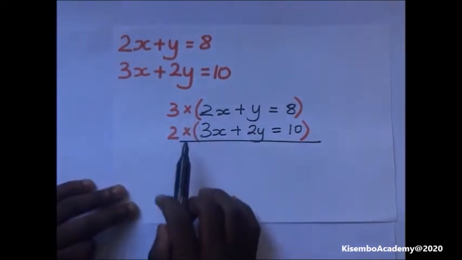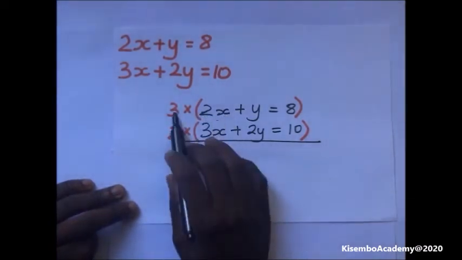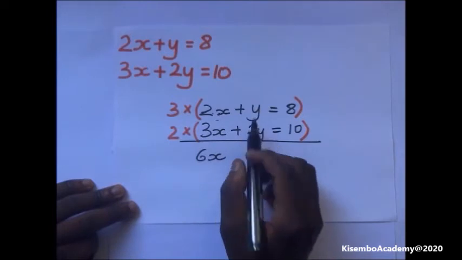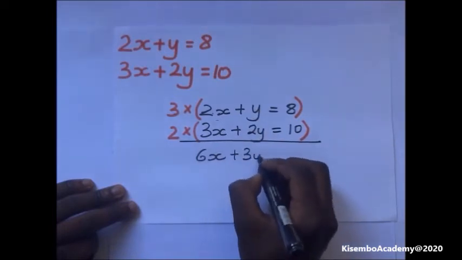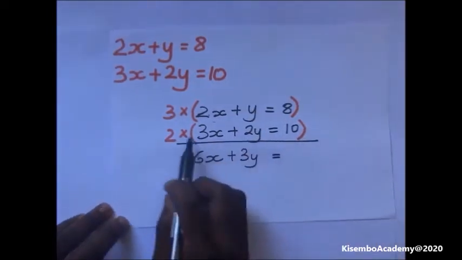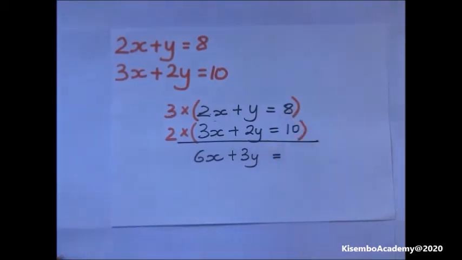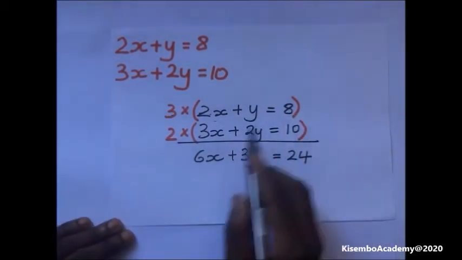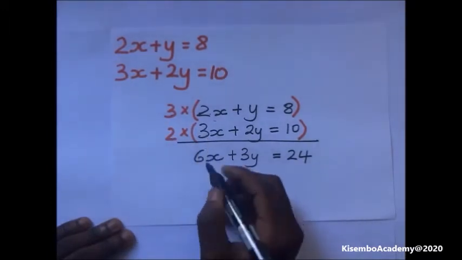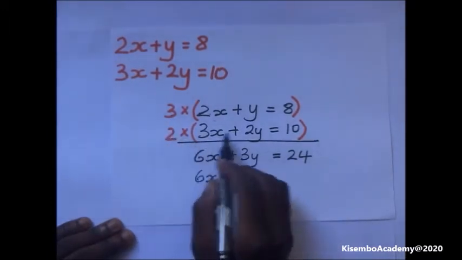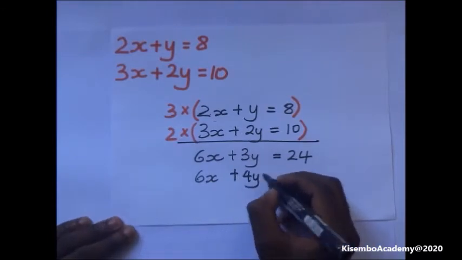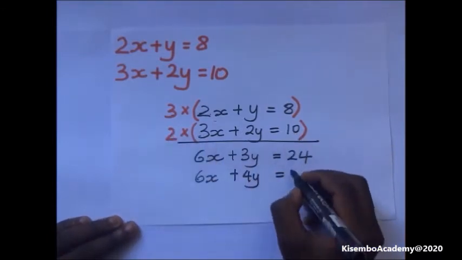So 3 times 2x, 3 times 2 is 6x, 3 times y is plus 3y, equal to 3 times 8, which is 24. Then down here, 2 times 3 is 6x, 2 times 2y is positive 4y, equal to 2 times 10, which is 20.